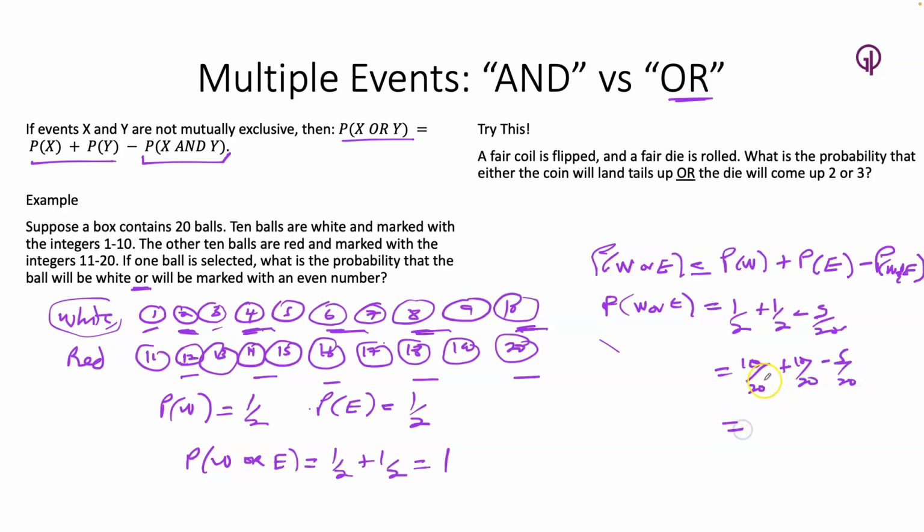Then here we get 15 over 20. 5 will go here 4, 5 will go here 3, and then the probability of white or even is 3 over 4.